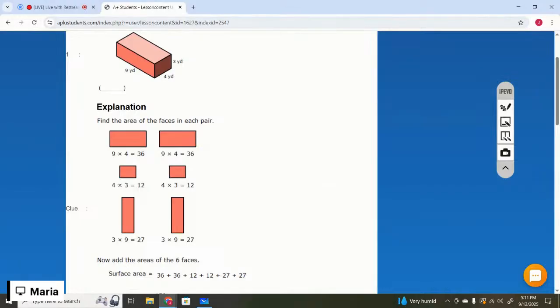Starting with the top and bottom, the faces are always in the form of pairs. So let's just calculate their areas. That is 9 times 4 is 36 and 9 times 4 is 36. So you need to calculate the area of all the faces and then you have to add them.